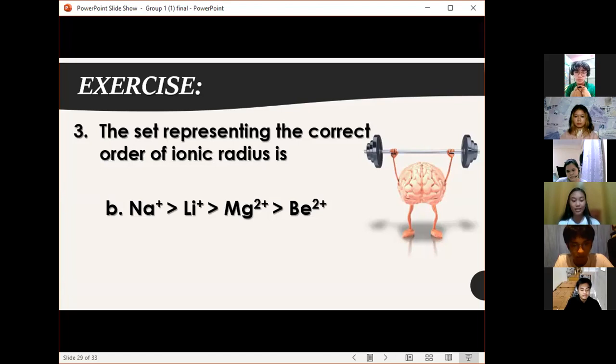Then, when we check magnesium and beryllium, magnesium is below beryllium, so it is bigger, which is why beryllium is last in the order.